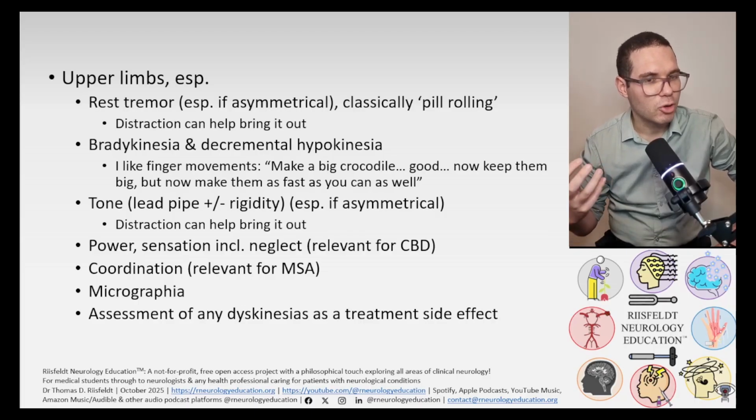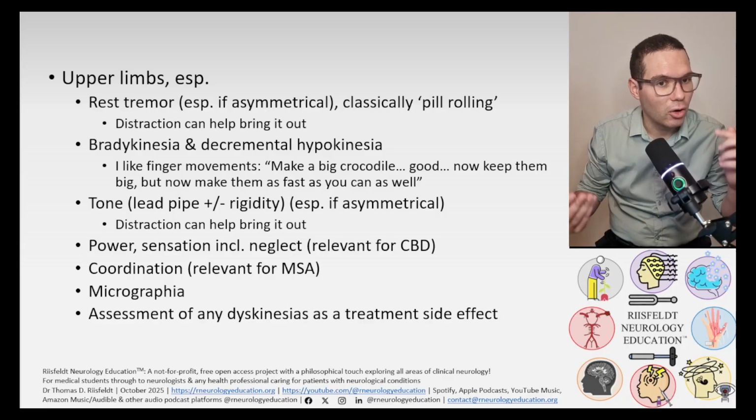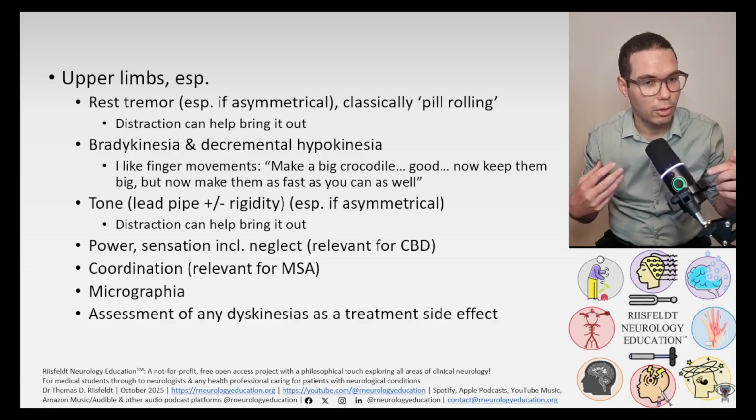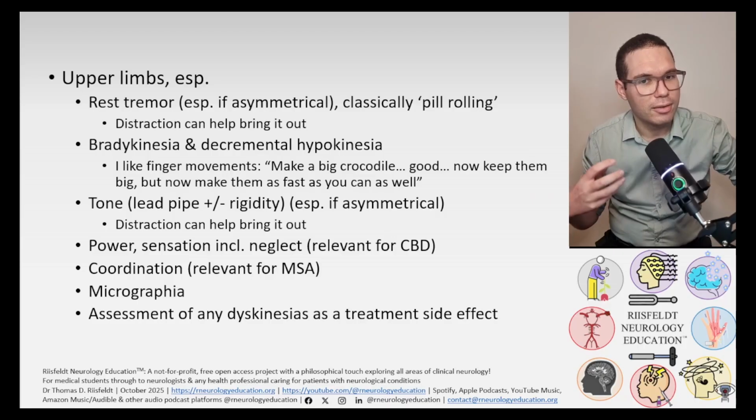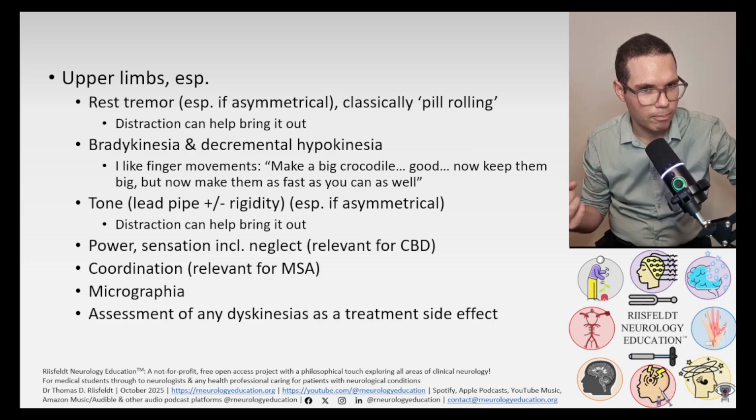And again, asymmetry is a pretty important, in fact, it's a very important factor to look for here. So classically, especially in the earlier stages of typical Parkinson's disease, there will be asymmetry, and it should be the same side which is involved in terms of the rest tremor and also in terms of the tone, which I'm going to get to next.